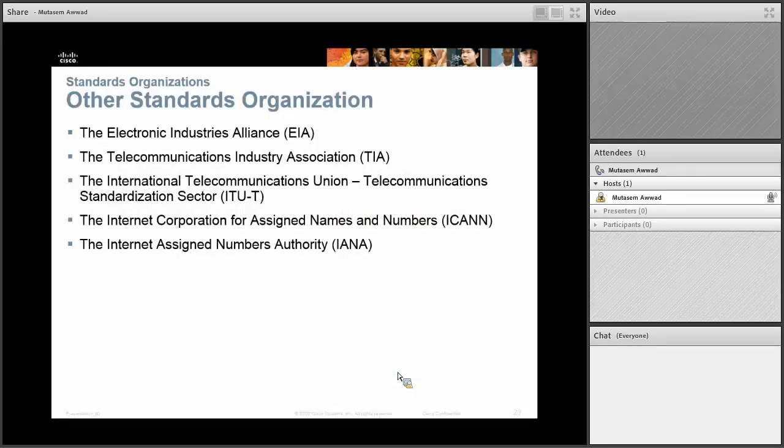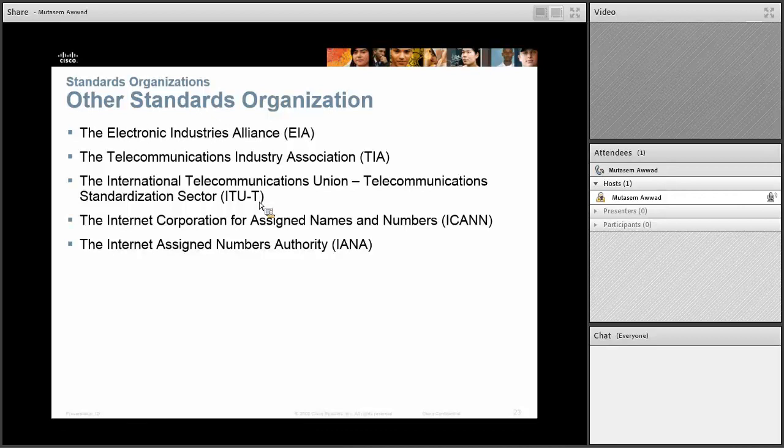Okay. Now there are other standard organizations such as the EIA and TIA. They get together and they set standards on cables and pins. Which pin is going to have the voltage, which one is ground, which pins are going to be transmitting on the wire and things like that. We'll talk about that when we talk about transmission media. The ITU is the one where ISO came from.